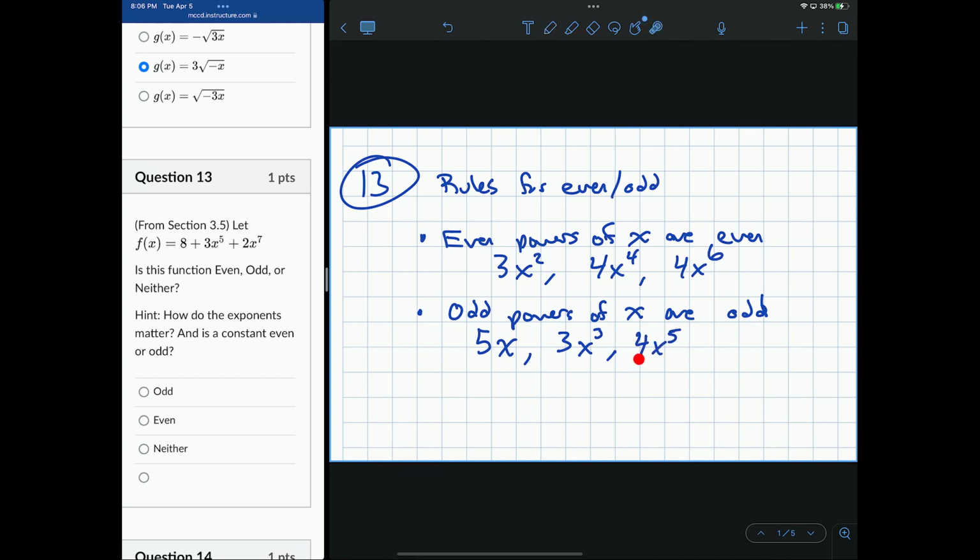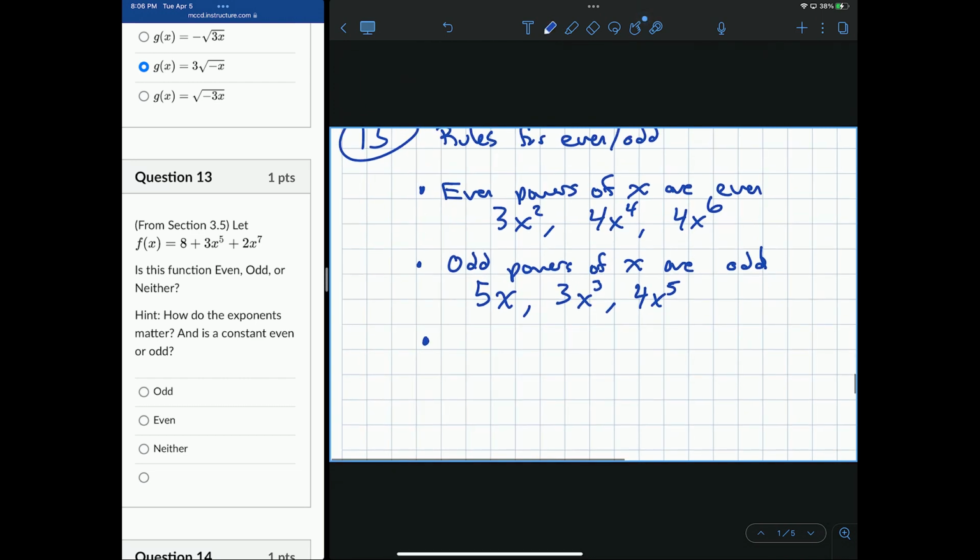Again, you can have an even number out front because we're only looking at the exponent. So 1, 3, 5, etc. Those are odd functions. And the thing that gets people is constants. A constant by itself is even.